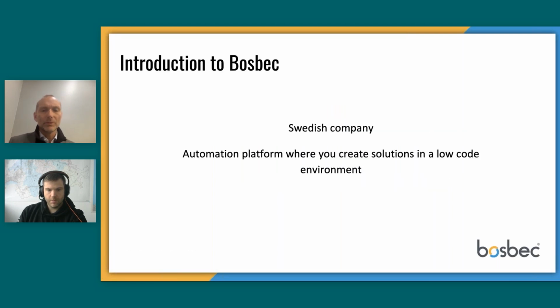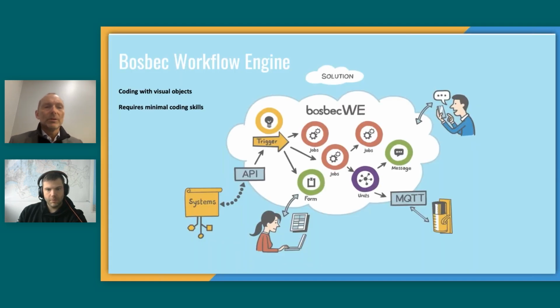So Bosbec is a Swedish company. We're an automation platform where you create solutions in the low-code environment. The space where you create the solution in Bosbec, we call it a workflow engine, and that's the low-code part of it.